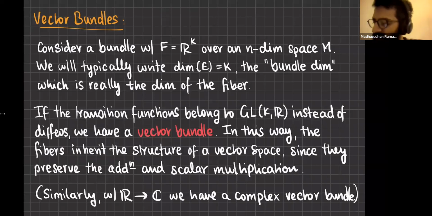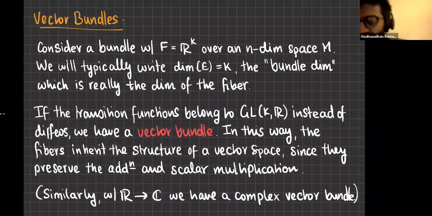The nice thing about this construction is that the fibers inherit the structure of a vector space. The reason this happens is because the general linear group preserves addition and scalar multiplication.